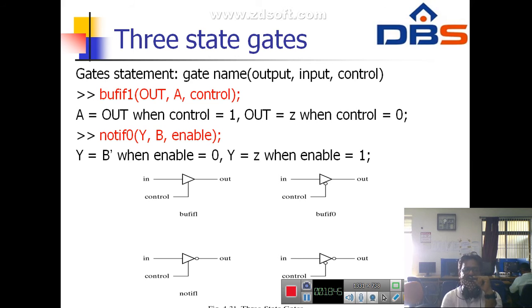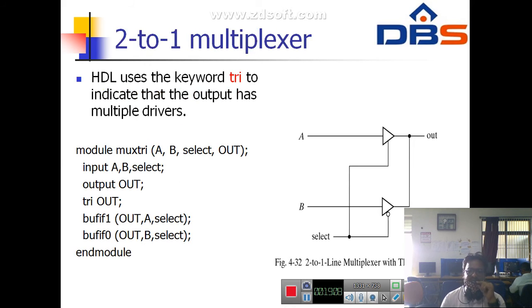So y is equal to b bar when enable is equal to 0, and y is equal to z when enable is equal to 1. These are the instructions for active high enable inputs and active low enable inputs.